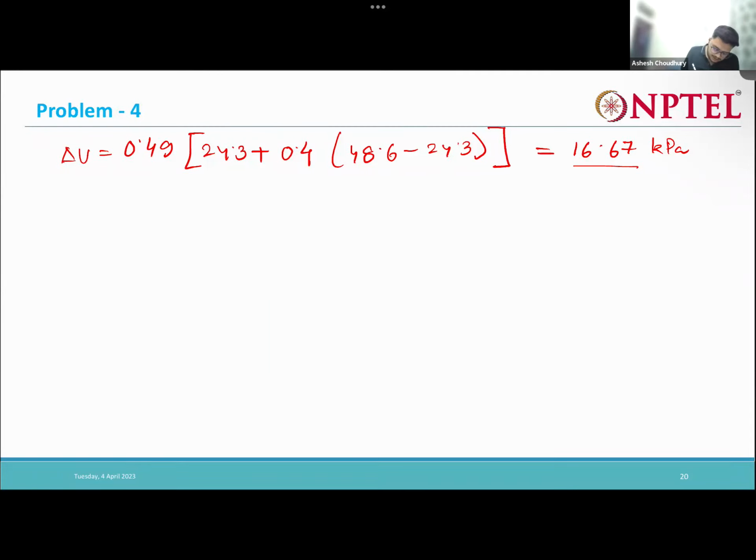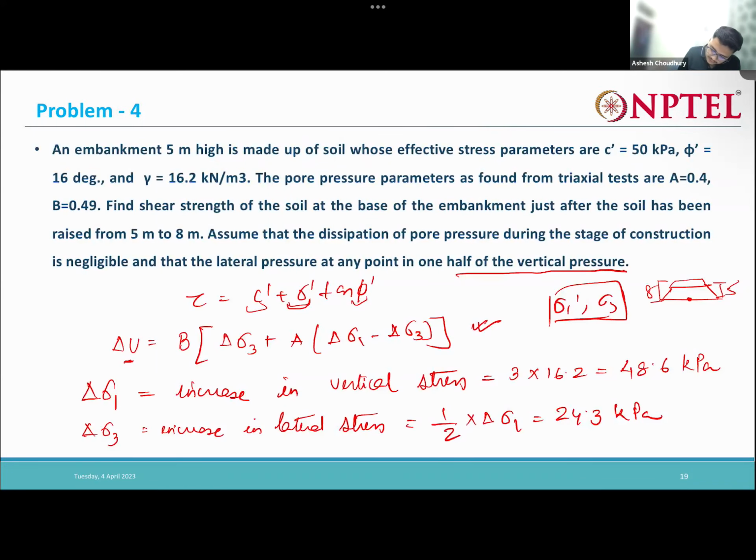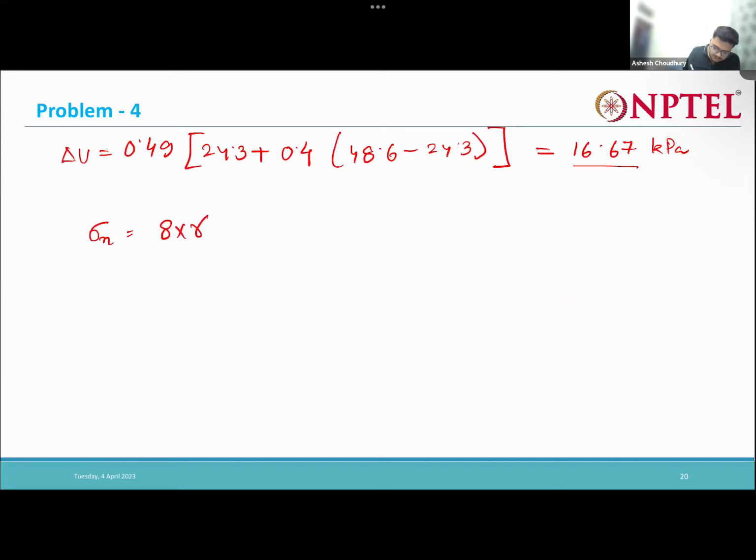Now tell me my sigma n. It is the vertical or normal stress acting here. It will be nothing but 8 meter into gamma, which is 8 into 16.2.